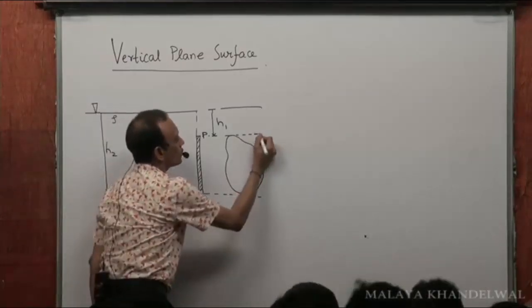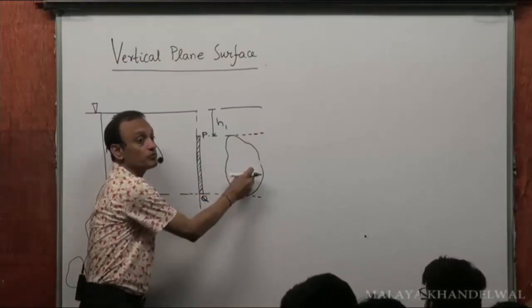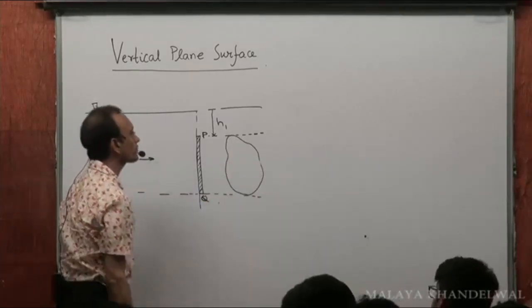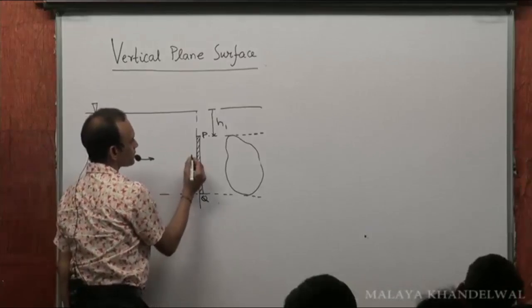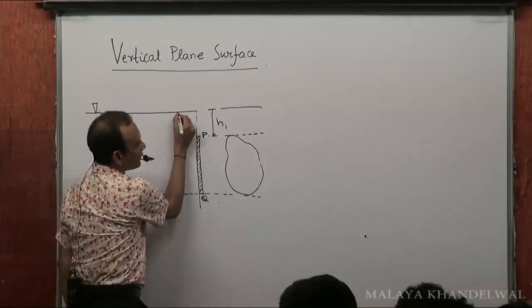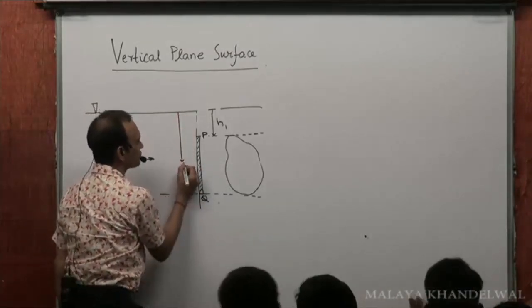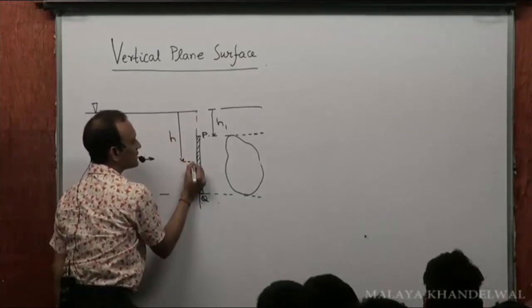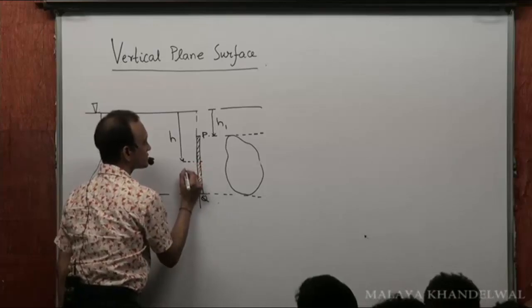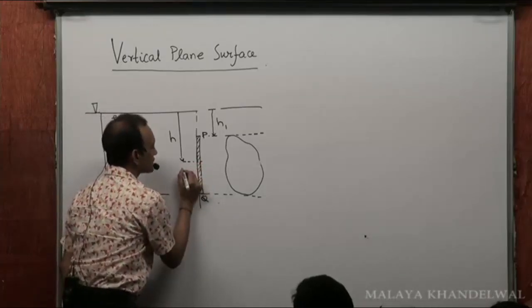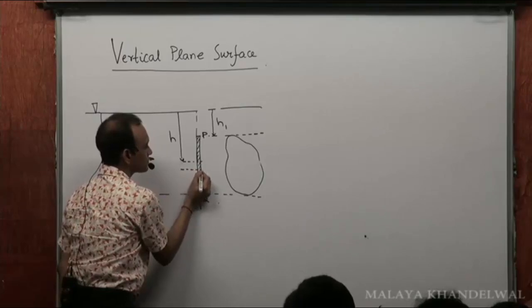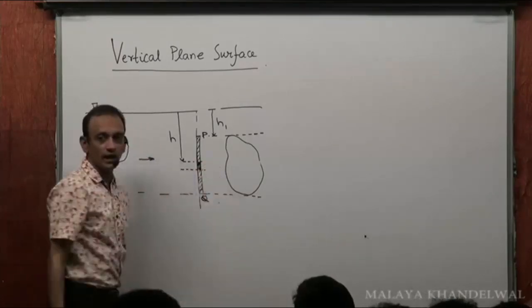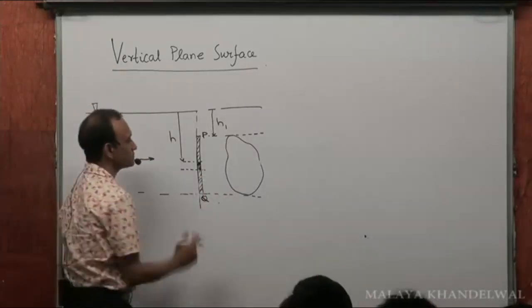Now, I want to be able to calculate the force on the surface. What I do is, at a depth h from this free surface, I select a small element.